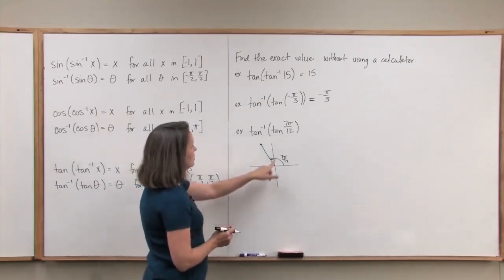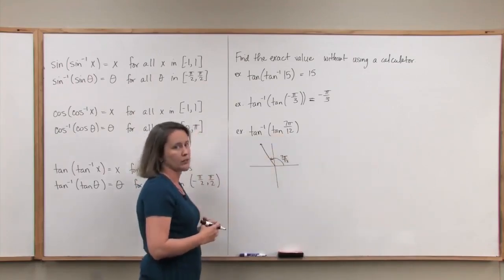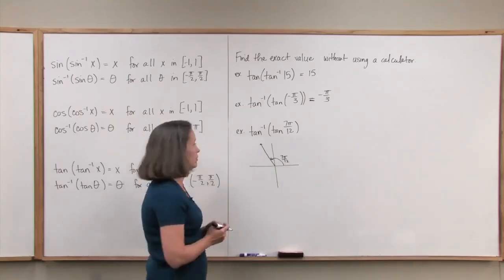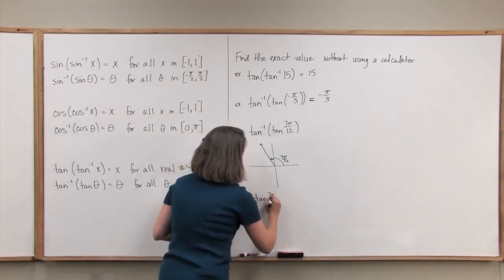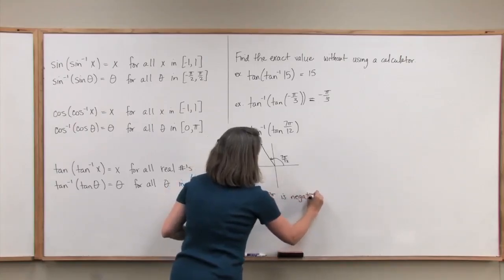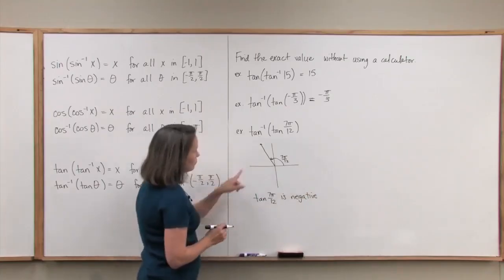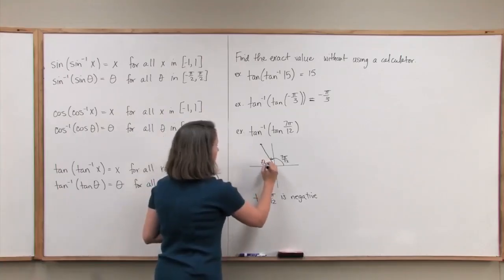For instance, would the tangent of 7 pi over 12 be a positive number or a negative number? A negative number. So that might be useful information in a few minutes. I'm just going to make a note of that for now. Okay. What about the reference angle? Can we figure out the reference angle? We'll call that theta r.